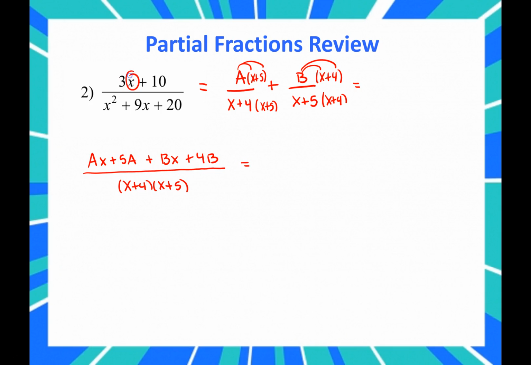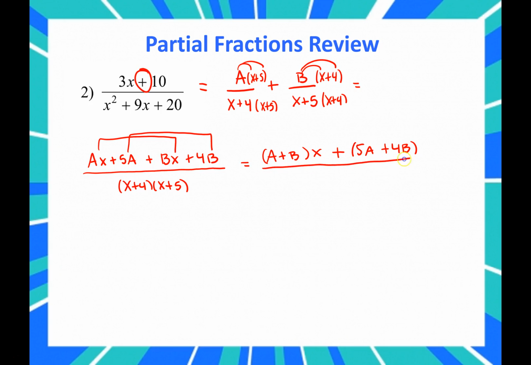I want my x to be out in front, so my ax and my bx are going to be a plus b, parentheses x. And now this time I want a plus, which is actually easier, so I'm going to put a plus, and then I'm going to put my 5a and 4b. So 5a and 4b. Essentially, if you had a 1 and you multiplied it, that's a match with what I have over there. But we don't need to write that plus 1. And this is still all over our x plus 4 times our x plus 5.